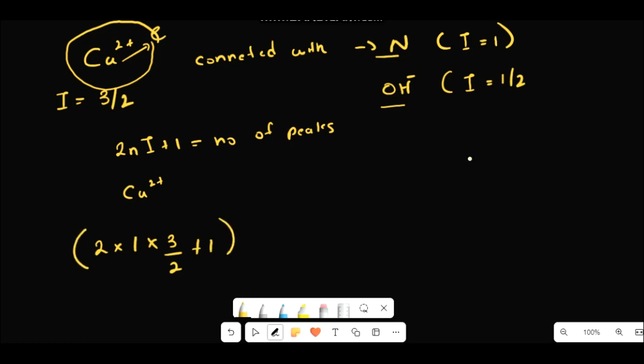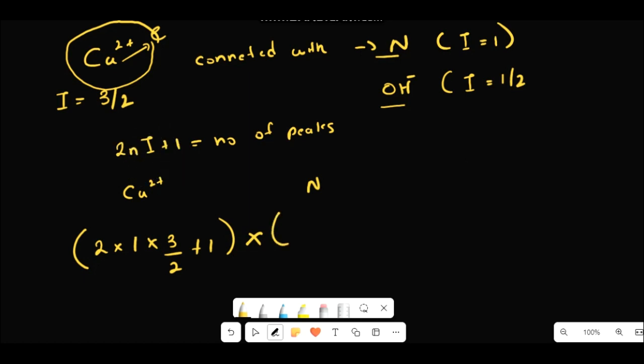When we are connecting with the other nuclei, we need to connect them with a multiplication, because these are possibilities, the ways of connecting with each other. So we have to connect them with multiplication. Now I'm talking about the nitrogen atom, so just using that 2nI plus 1 rule.